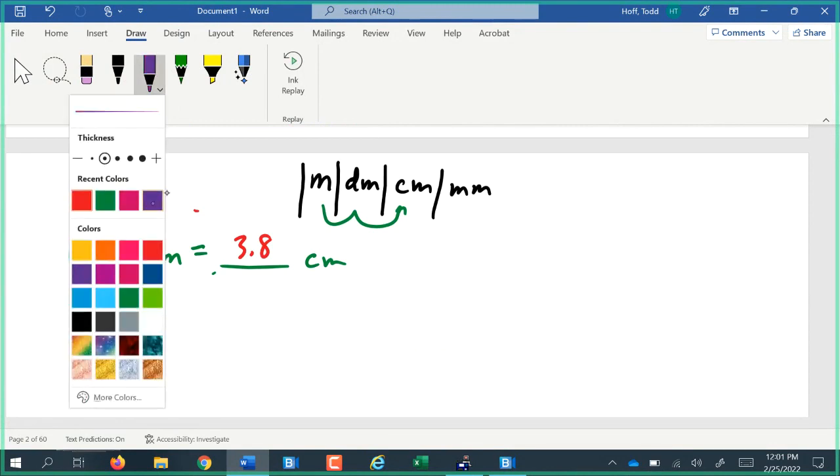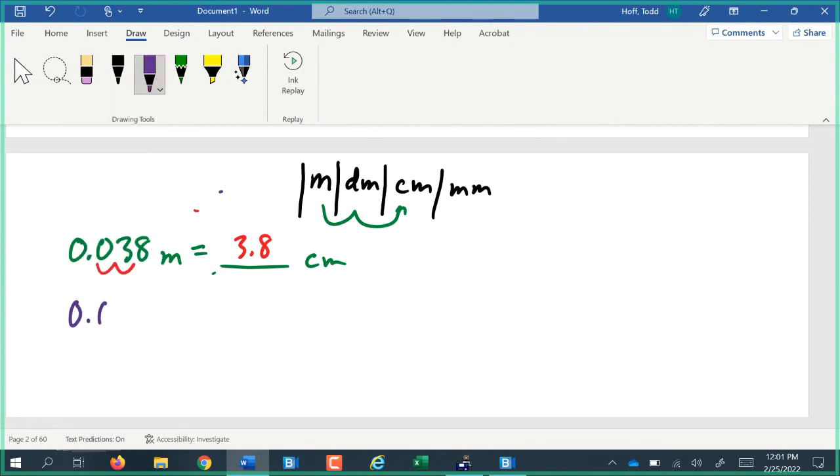However, if we look at area units, if I had 0.038 meters squared instead of just meters, and I'm converting to centimeters squared, now the squared changes the unit, not the numbers. But the thing to remember is a meter squared is 1 meter by 1 meter.